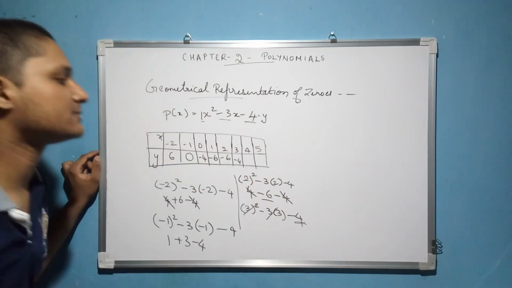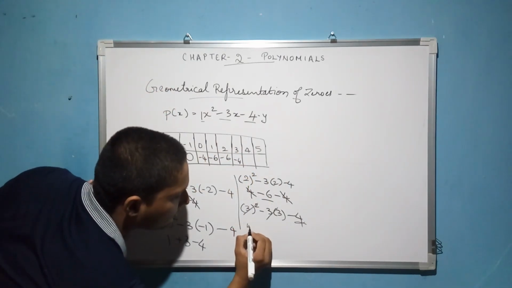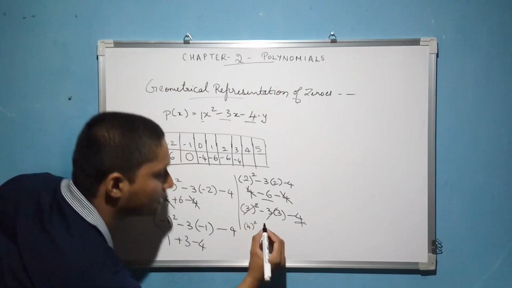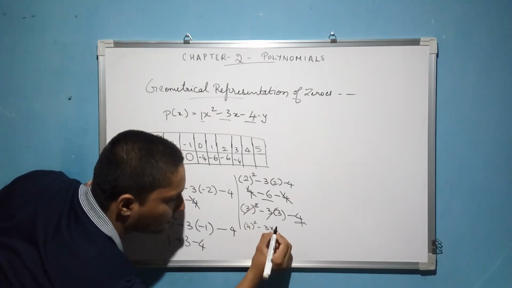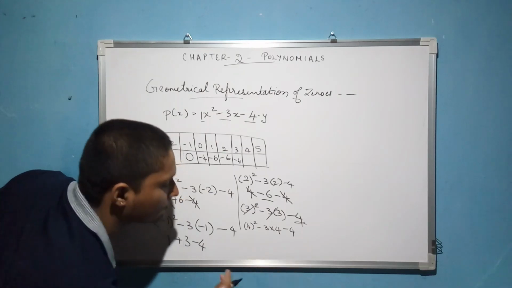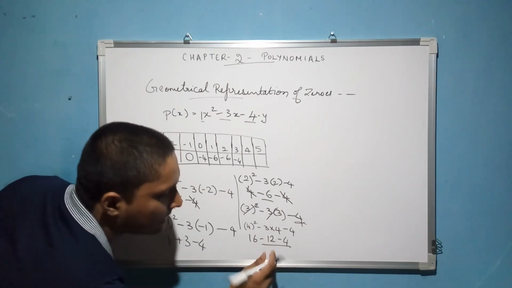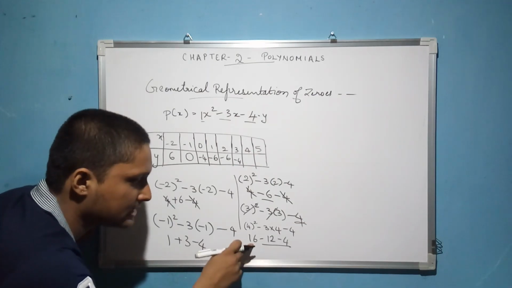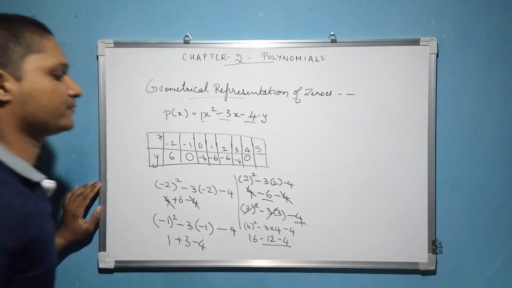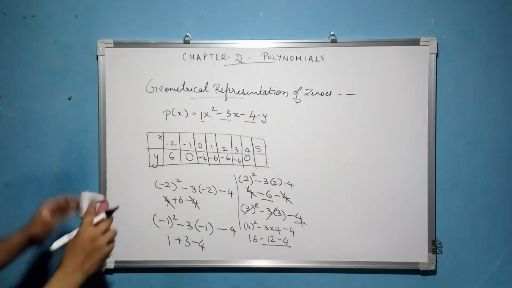So now you have to substitute 4 here. 4 square minus 3 into 4 minus 4. That is 16 minus 12 minus 4. 12 plus 4 comes to be 16. 16 minus 16 is 0. Okay.